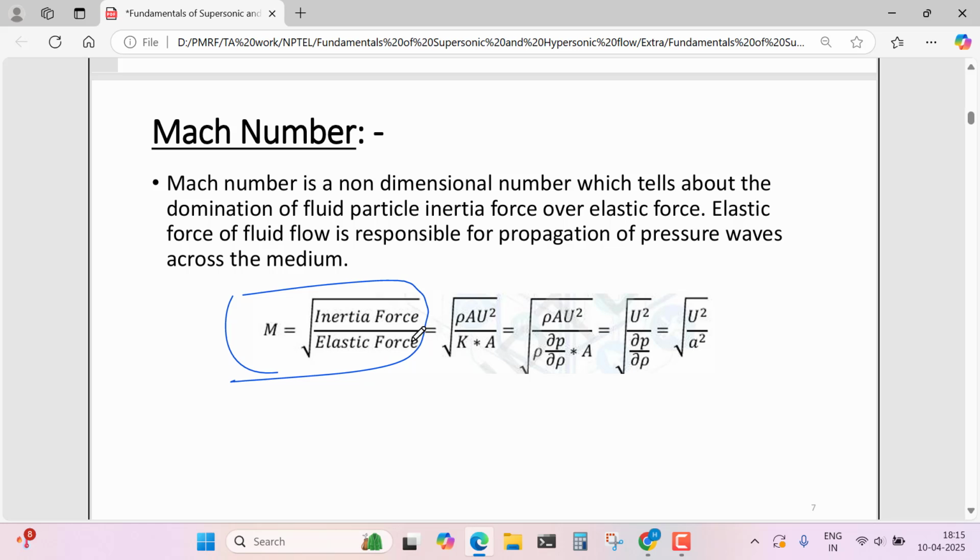So let's see what is the inertial force. Inertial force is rho A u square. Elastic force is K into A, where K is the modulus of elasticity and A is the area.